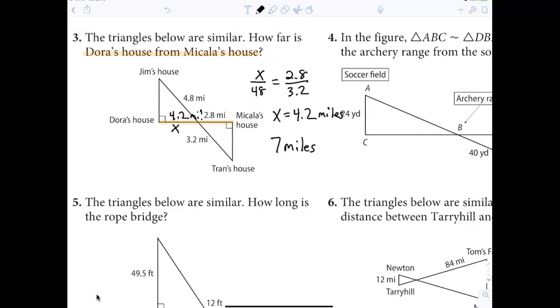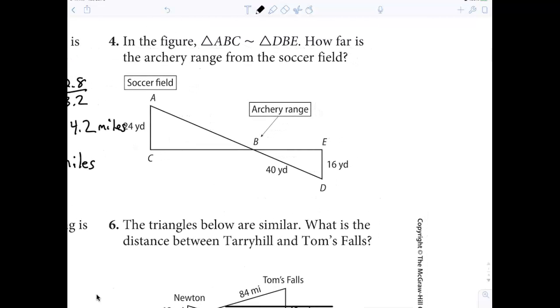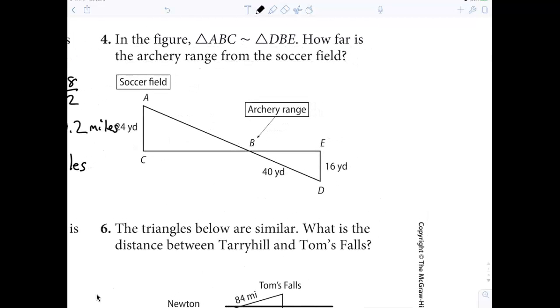All right, let's take a look at number 4. All right, here we go. So now it's telling me that triangle ABC is similar to triangle DBE.